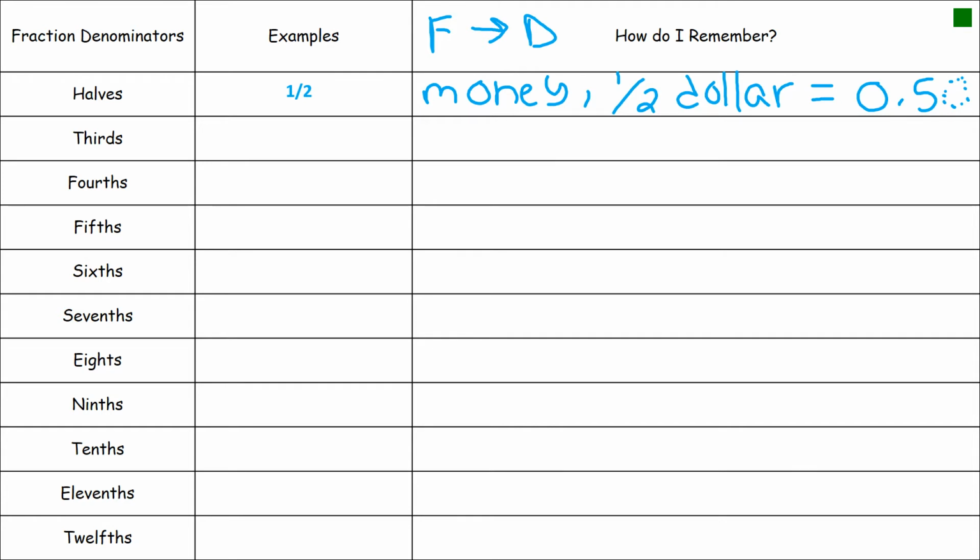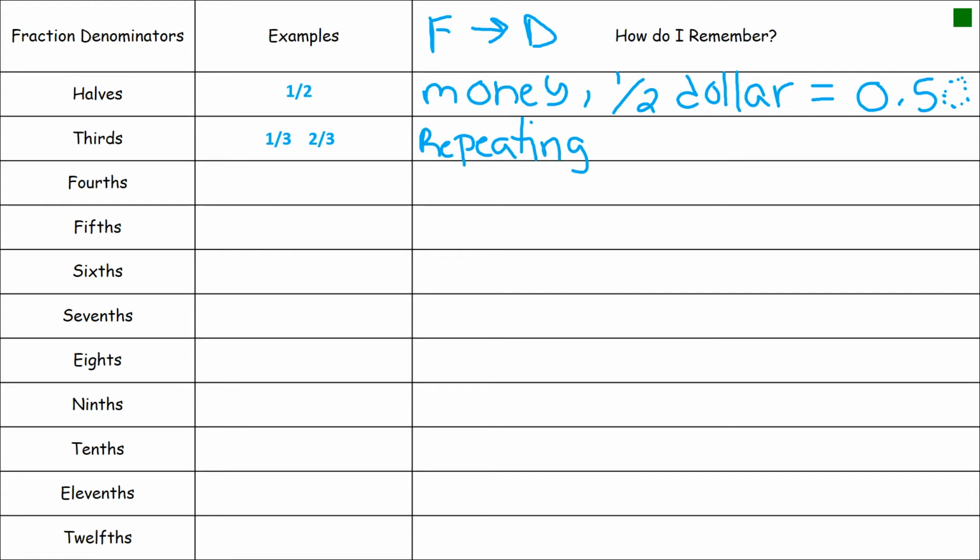Now for thirds, I have 1/3 or I have 2/3. Of course, 3/3 would be a whole. So I have 2 options for my fractions. And these are always going to be repeating decimals. These are ones, since there's only 2 of them, that I generally would just memorize.